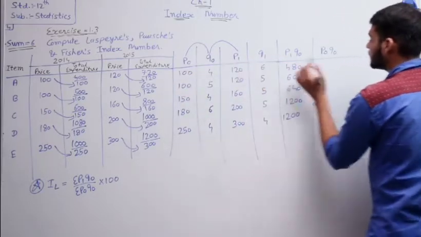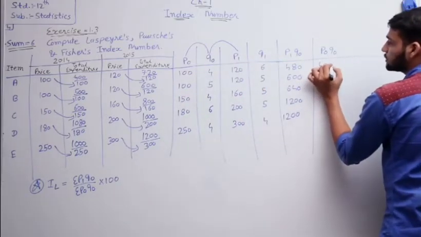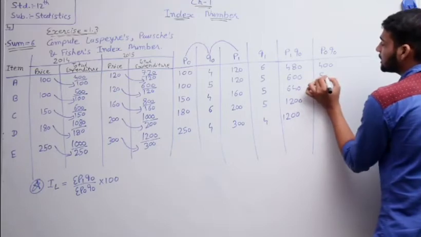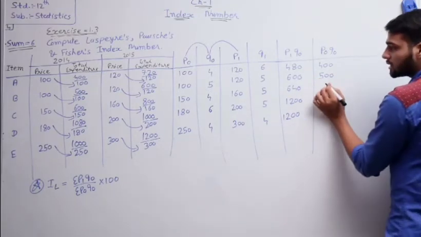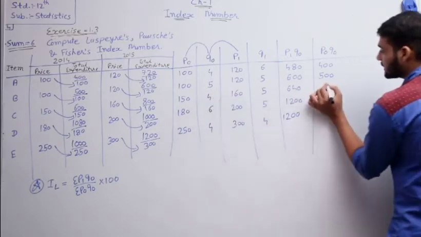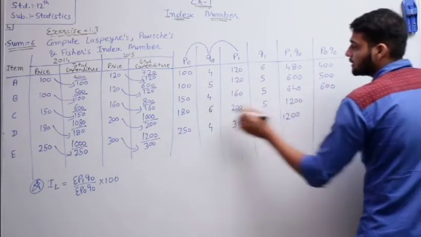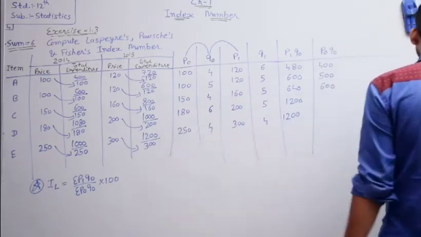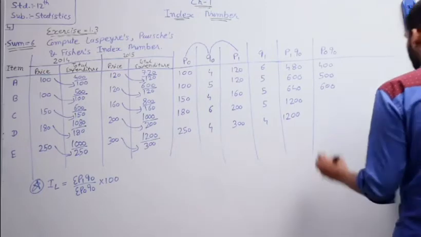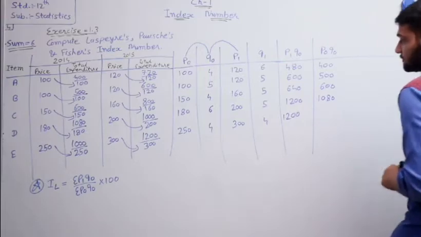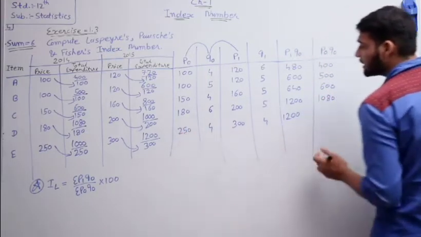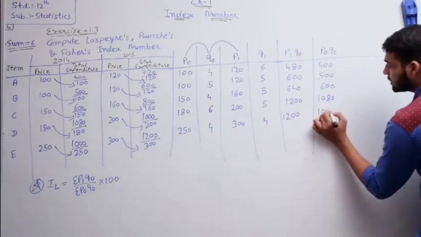So 100 multiplied by 4, so the answer is 400. Then 100 multiplied by 5, so the answer is 500. Then 150 multiplied by 4, so the answer is 600. 180 multiplied by 6, so the answer is 1080. Then 250 multiplied by 4 means 1000.